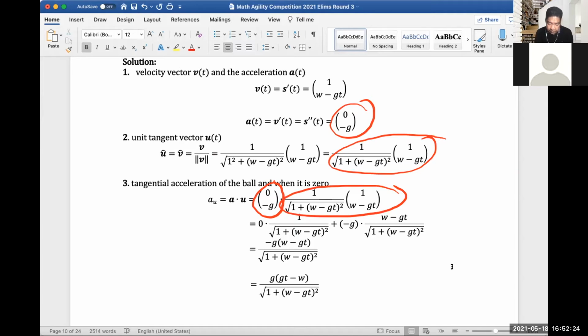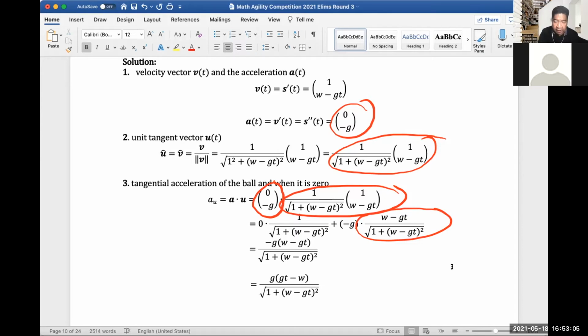Simply distribute 0 and negative g for the first component, and for the second part here, that's 0 plus negative g times w minus gt over the square root of 1 plus w minus gt squared.